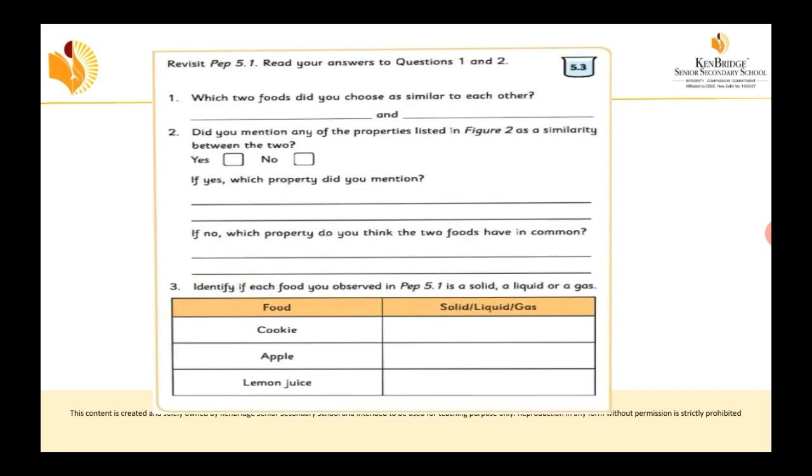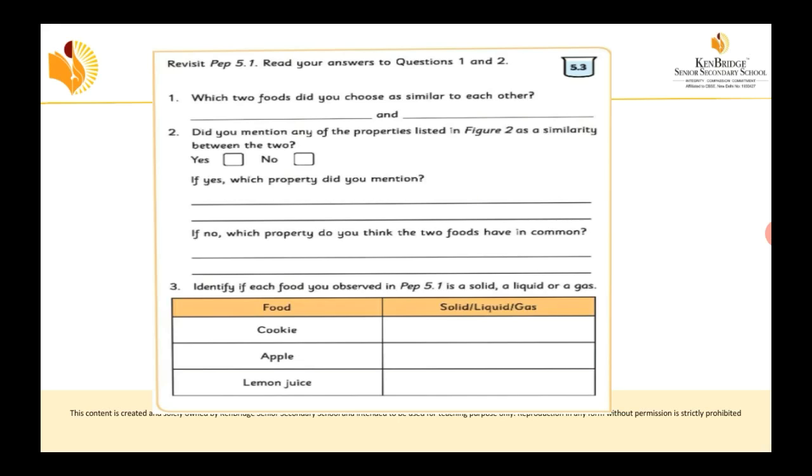So you have activity 5.1. Apple, lemon juice and cookie. From that you should write which two foods you chose as similar to each other. So what are the foods we chose as similar? Cookie and apple. Did you mention any properties listed as similar between the two? Yes, we have mentioned the properties. It occupies space.